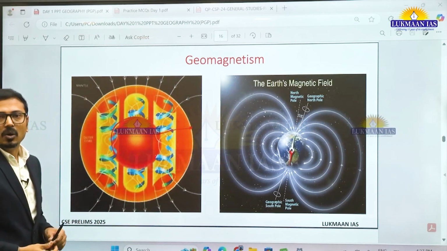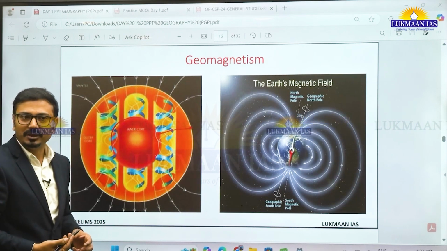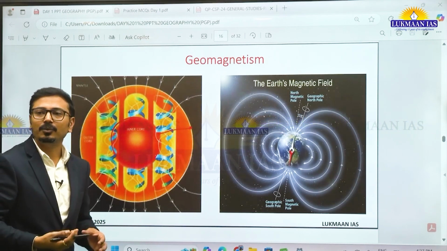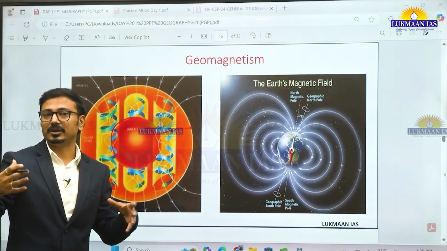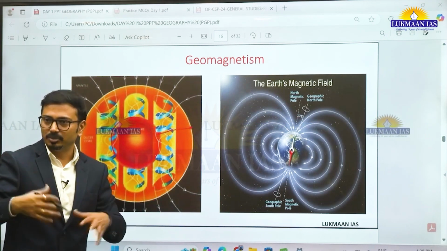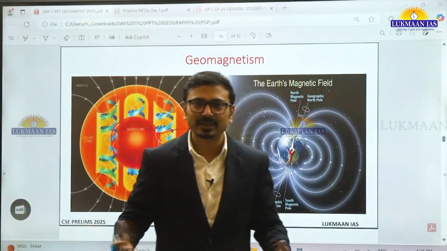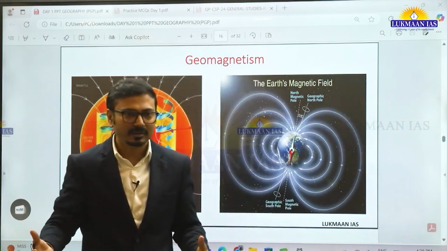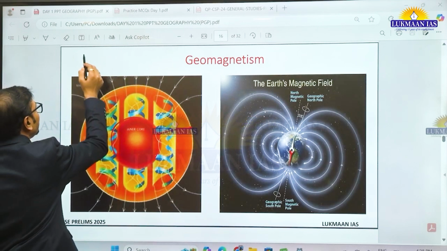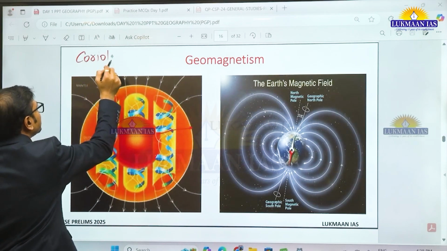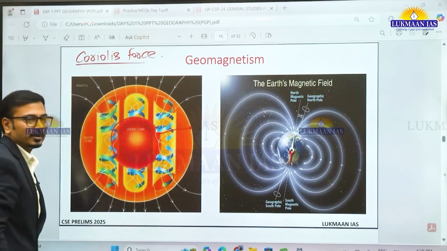Now all these iron particles, when they are independently forming this magnetic field, how is it forming a larger magnetic field of the earth, and that too in a single direction? It should be random and should actually neutralize each other. Ideally it should neutralize each other, but it is aligned in one single direction because of one effect, that is why we said rotation of earth around its axis.